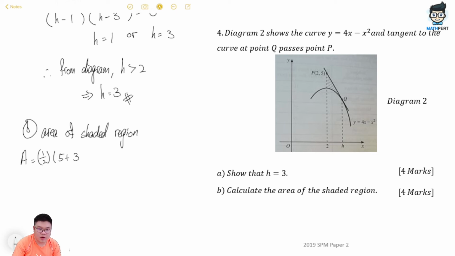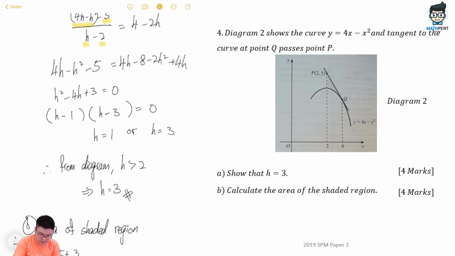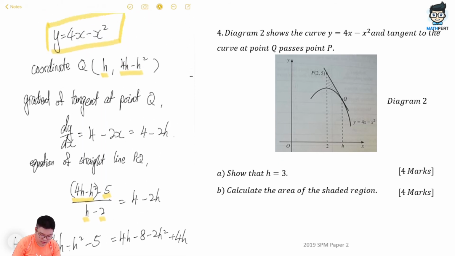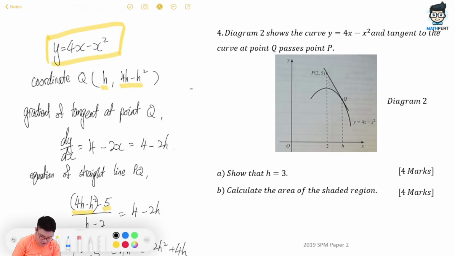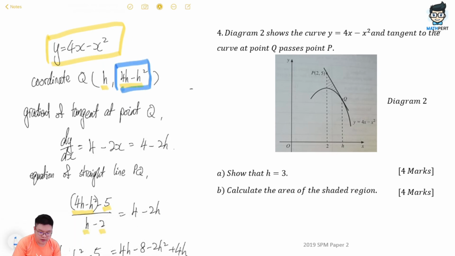How do I know it's 3? It is because of 4h minus h squared. We know that h is equal to 3, so this will be 4 times 3, which is 12, minus 3 squared, which is 9. 12 minus 9 gives 3.